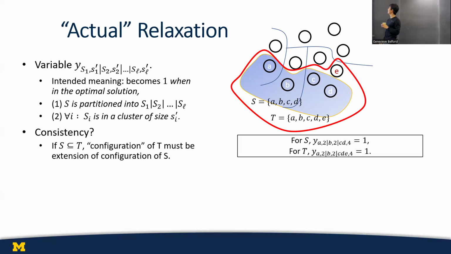And for T, in this case, E belongs to the cluster of CD that has size 4, so the thing going on for T is A2, B2, and CDE4. It might also be the case that E is in a totally different cluster, and then some other variable might be true. But one can see that the variable that is 1 for T is clearly an extension of what was going on for S. That is the intuition there.